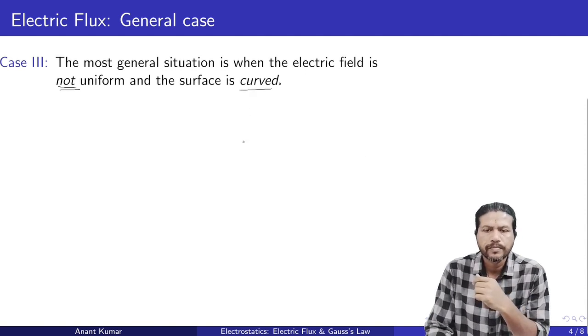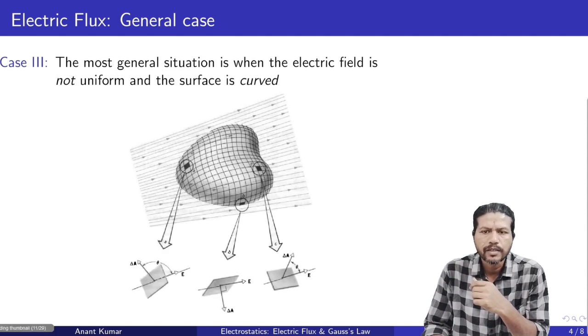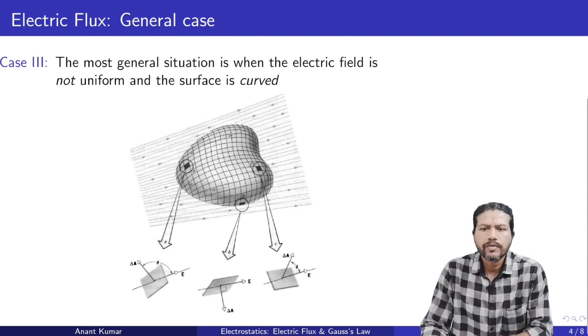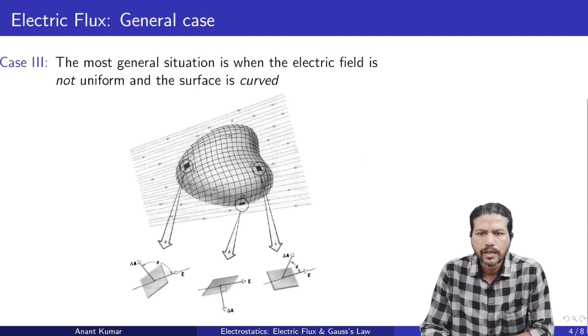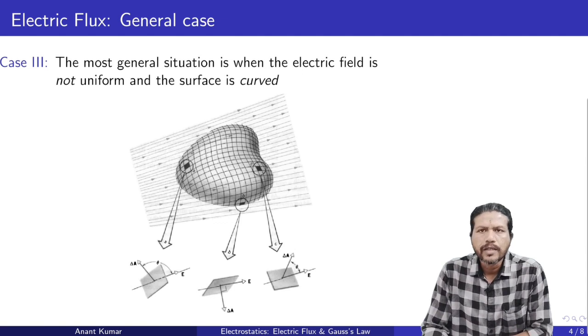So, what to do in this case? We can have an example situation something like this, where we have a curved surface. You see these field lines that we can see, they are divergent in a sense. So, that represents a non-uniform electric field.